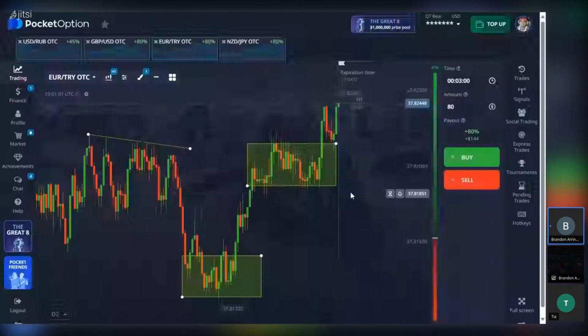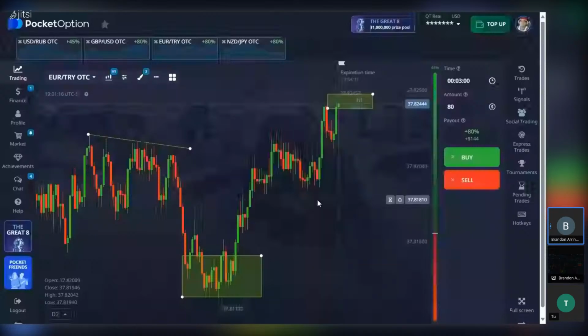So where is price currently at right now? This is the 1 hour. Price is currently at a premium. So this is your focus right here at the top. If I see something like this, I'm waiting for the reversal on the smaller time frame. So I go straight down to the 1 minute.